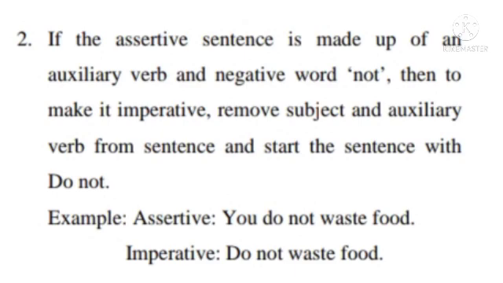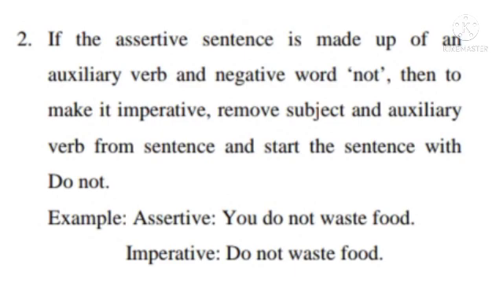The next case: if the assertive sentence is made up of an auxiliary verb and the negative word not, then to make it imperative, remove the subject and auxiliary verb from the sentence and start the sentence with do not. So this is the second rule.